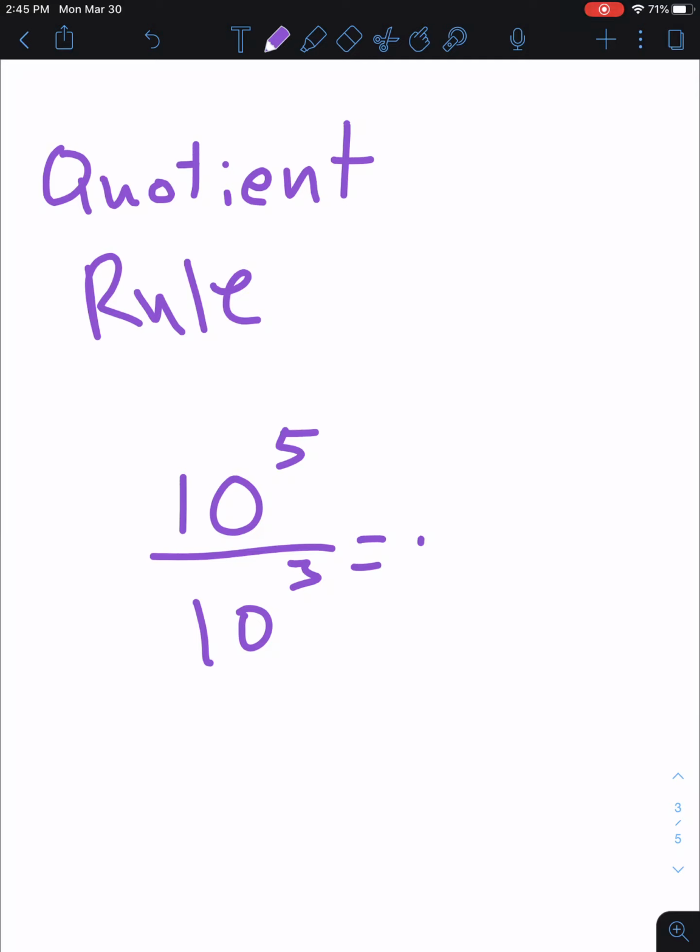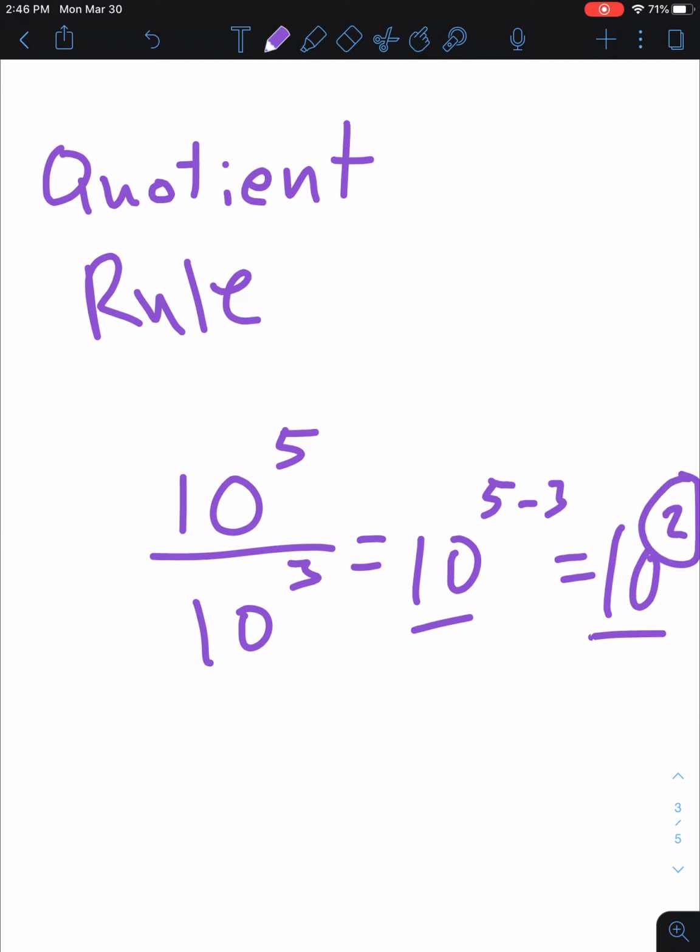So that's the same as saying 10 to the 5th minus 3rd, which is going to get you an answer of 10 to the 2nd. So again, the base does not change. The only thing that changes is this exponent. Key thing about this rule is when you're dividing two exponents with the same base, you subtract those exponents.